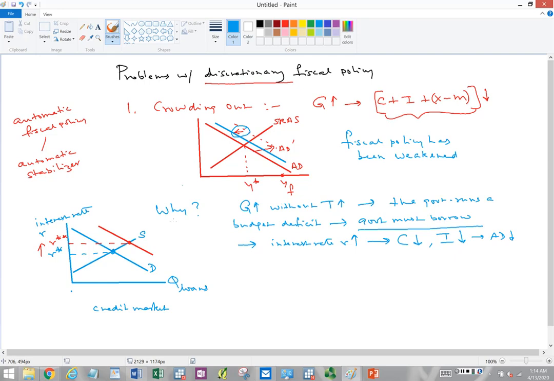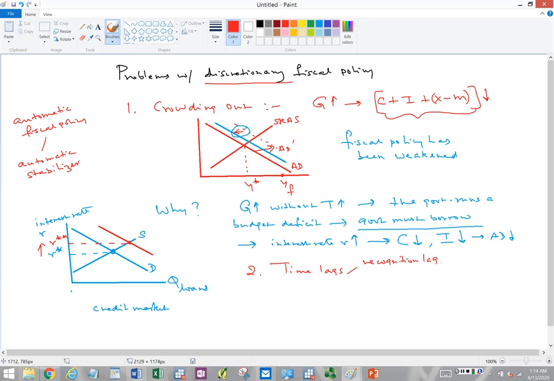The second problem with discretionary fiscal policy is time lags. And there are three time lags here that once again work to reduce the effectiveness of fiscal policy. And they are, first, the recognition lag.